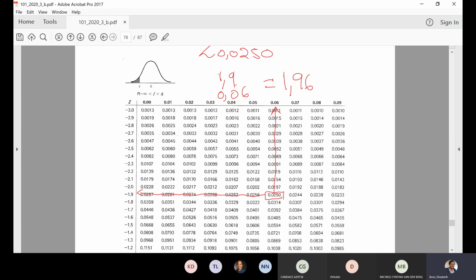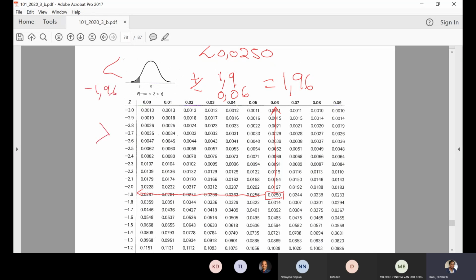And this is going to be plus or minus, it's going to be for both, because I am doing the negative side and the positive, because I am doing a two-tailed test. So since it's a two-tailed test, it will be a plus or a minus. If it was a one-tailed test, when I come here and find that the probability I'm looking for is 0.025, depending on if it's less than, I will take minus 1.96.